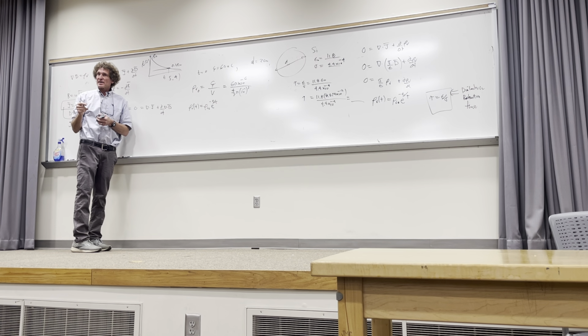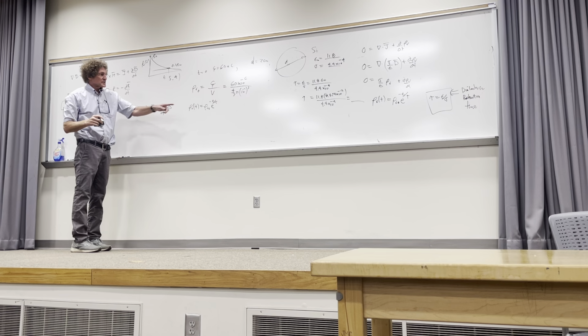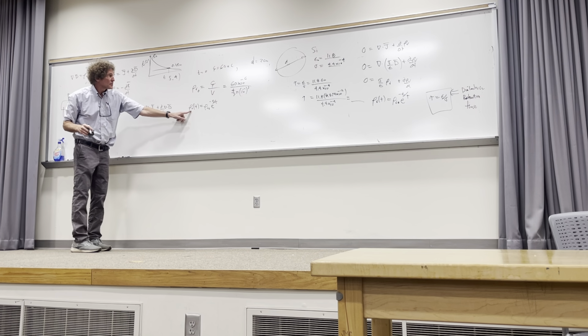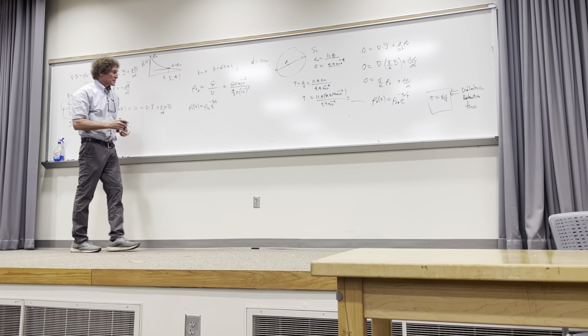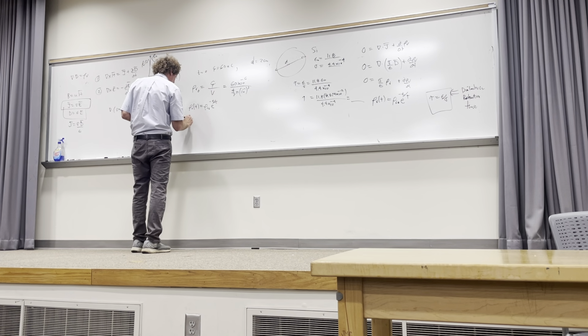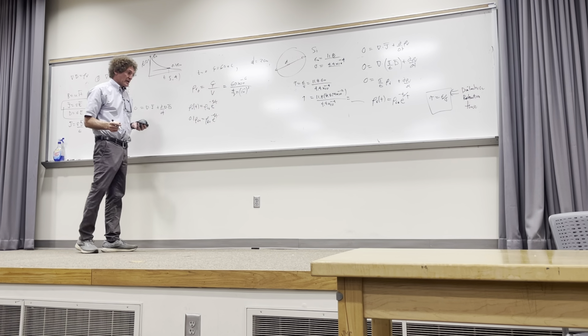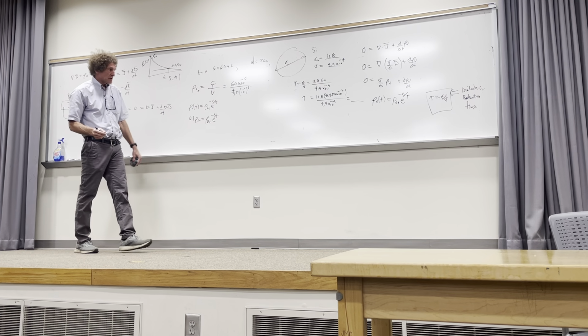So what are you going to do? Just look at it mathematically. You've got this equation, and you set this value to 0.1 rho v 0. So 0.1 rho v 0 is equal to rho v 0 e to the minus t over tau.